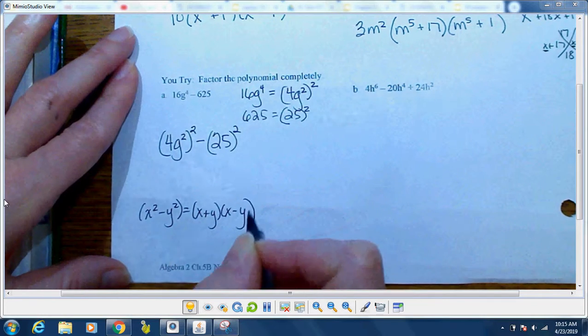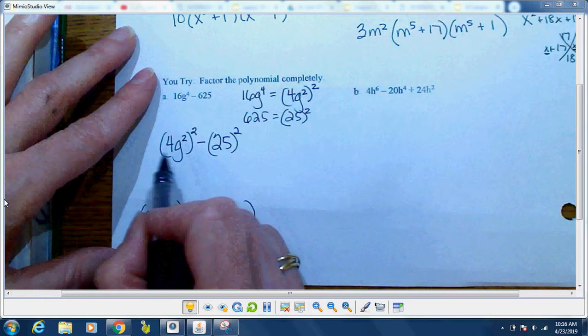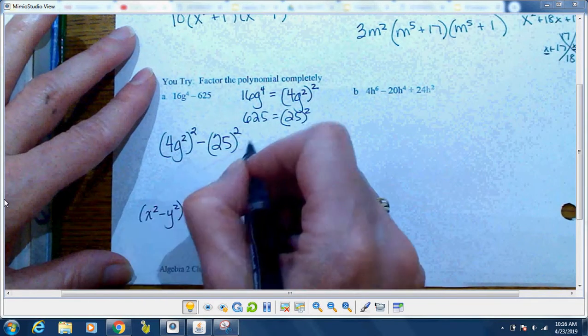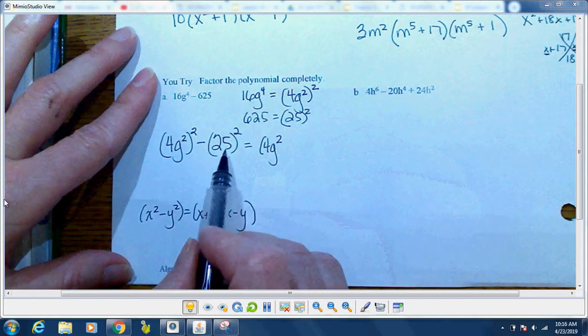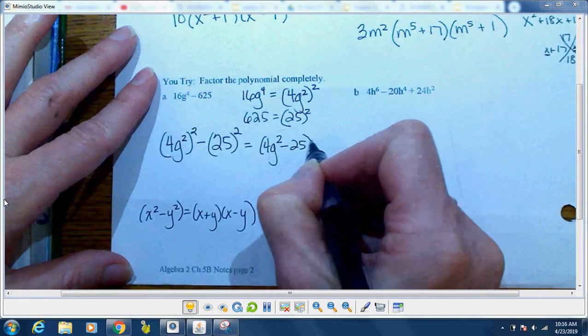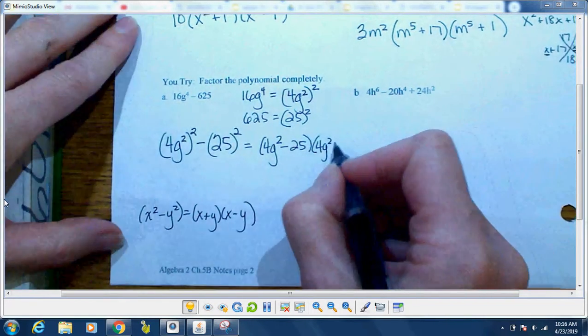That pattern we've seen over and over and over again. So instead of x, I have 4g to the 2nd. So I get 4g squared minus 25 and 4g squared plus 25.